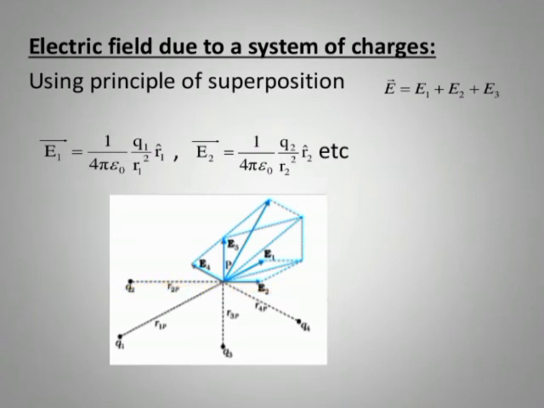That is why you have to write in the formula E1, q1, r1. So here also you'll be writing for the next charge, E2, q2. Which charge? q2 is producing electric field E2 at a distance of r2. So this is how you're going to write the principle of superposition of electric field.